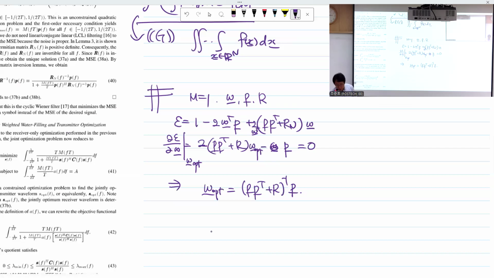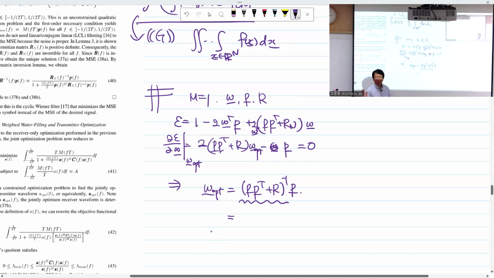And here, this matrix inverse can also be rewritten using the so-called matrix inversion lemma. There are a lot of versions, very general and very simplified versions, of the matrix inversion lemma.